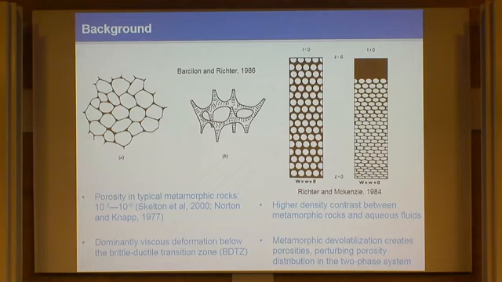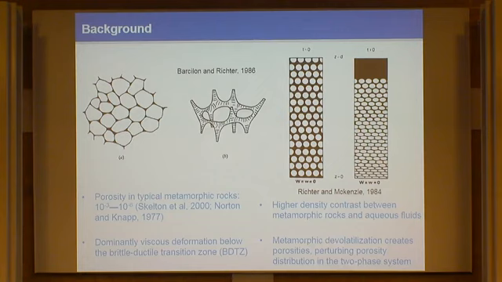What I want to say is that this two-phase system of low viscosity partial melts and high viscosity solid matrix applies similarly to metamorphic systems, which also have pore fluid, but that fluid is aqueous, composed mainly of water and carbon dioxide.